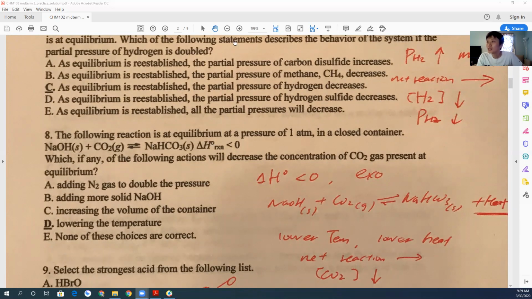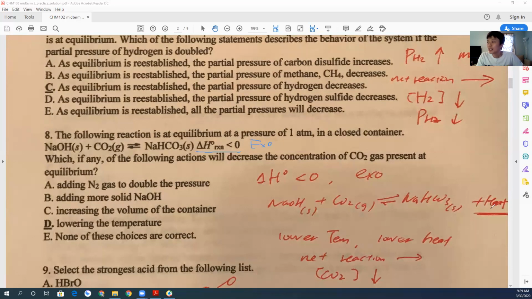To conclude, if we have a delta H less than 0, that means the reaction is exothermic. So it's an exothermic reaction, meaning heat is released, so we put the heat on the right-hand side, on the side of the products.